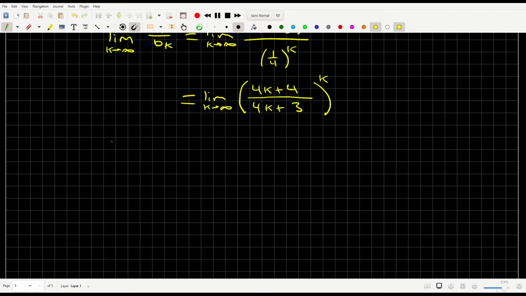which initially may look a little bit daunting, but if you remember the methods that we have from using L'Hopital's rule, whenever we have an indeterminate form like this, which is a 1 to the infinity indeterminate form, because the inside of this exponential is going to 1, and the k here is going to infinity.